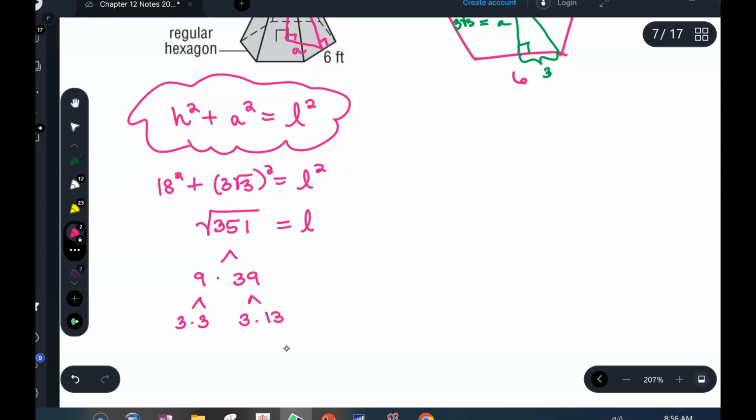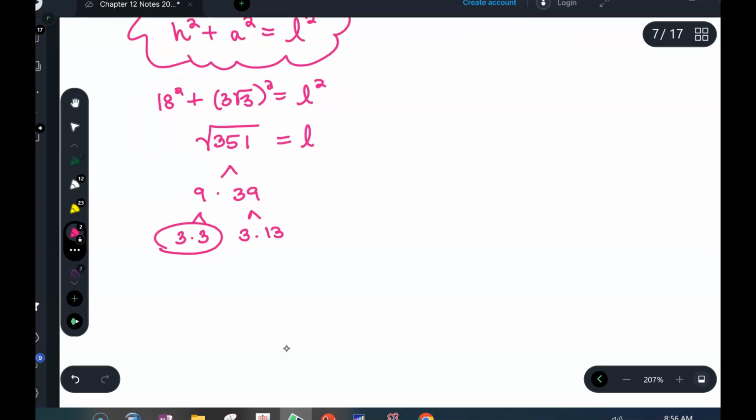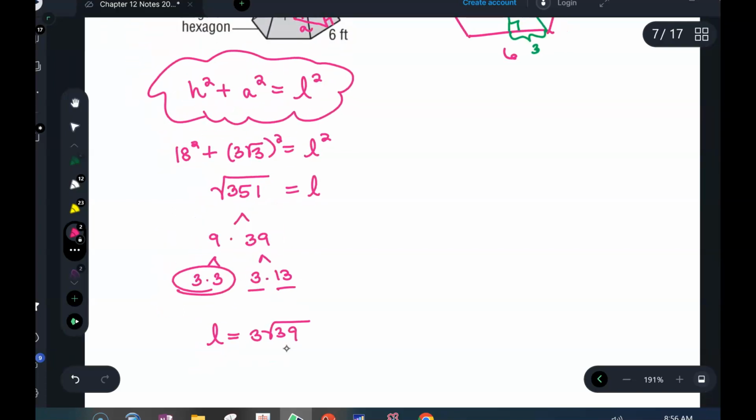So then we have a pair of 3s, but you can't break those down. So L is going to be 3 root 39. Did you do 13 times 3, Sandra? Okay, that's something we've got to work on. You take whatever the pair is, it comes outside, and then whatever you have left over, you multiply back underneath.